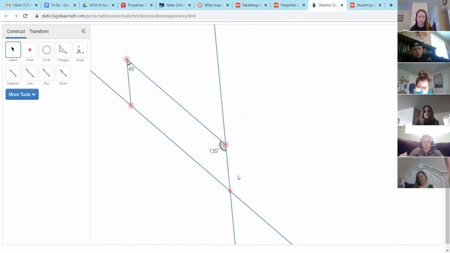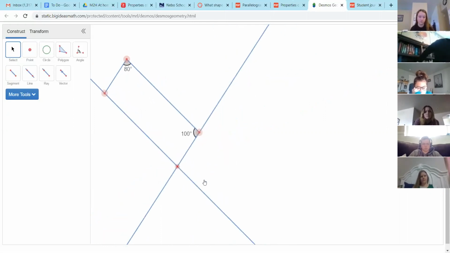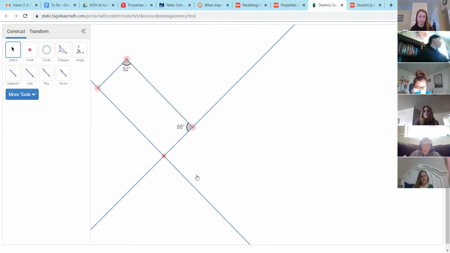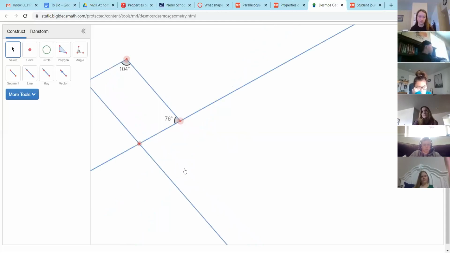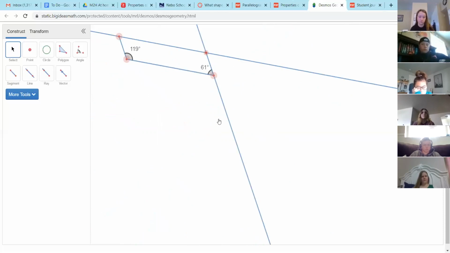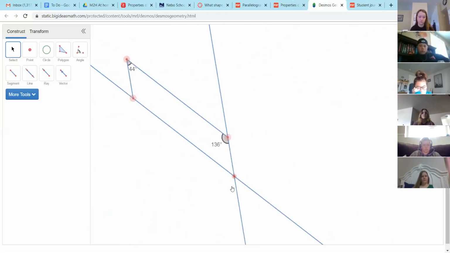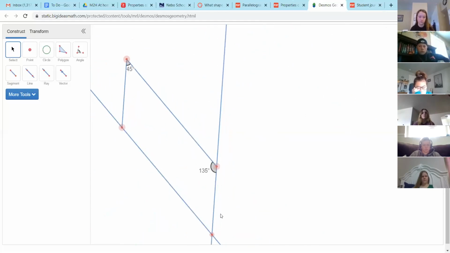Okay, even if I change this shape, those two numbers are always going to add up to 180 degrees because it's a parallelogram. Okay, they're called consecutive angles. They'll always add up to 180 degrees. Yeah? Good?